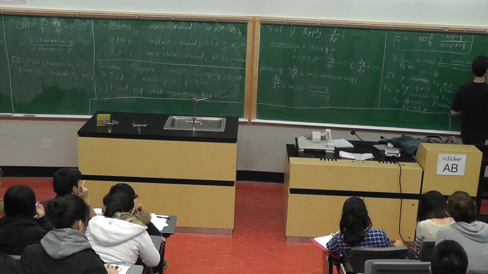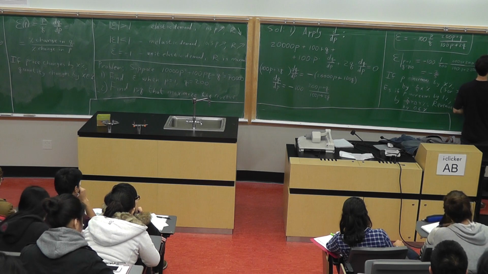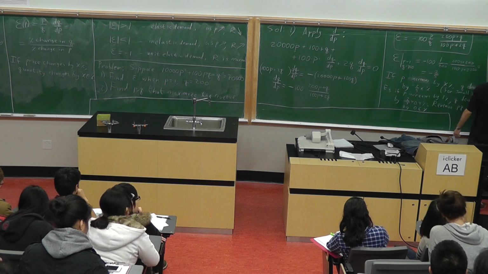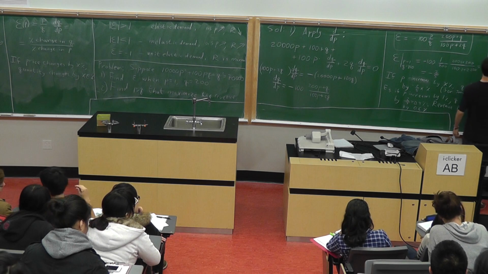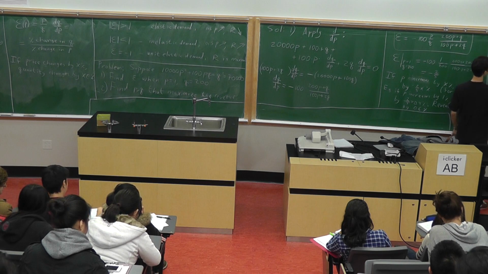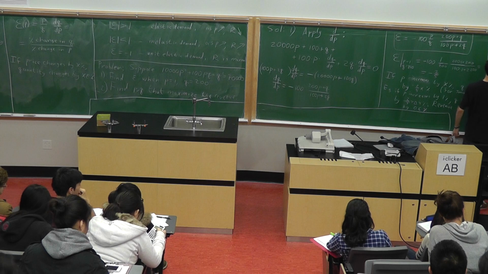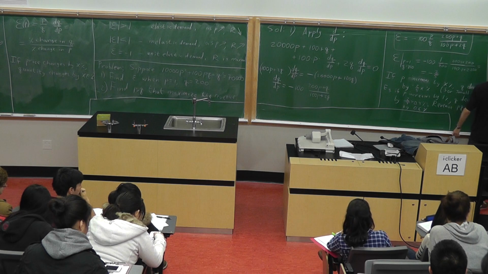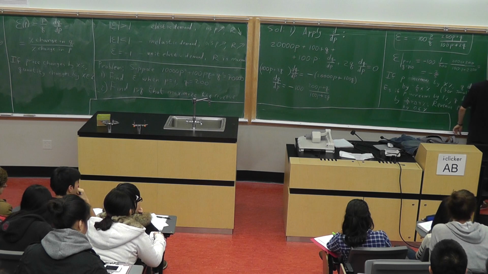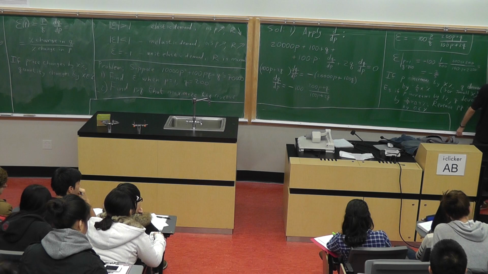So 1 plus 0.01 times 1 minus 0.04 is 1 plus 0.006 and minus something really, really small, 0.0004.